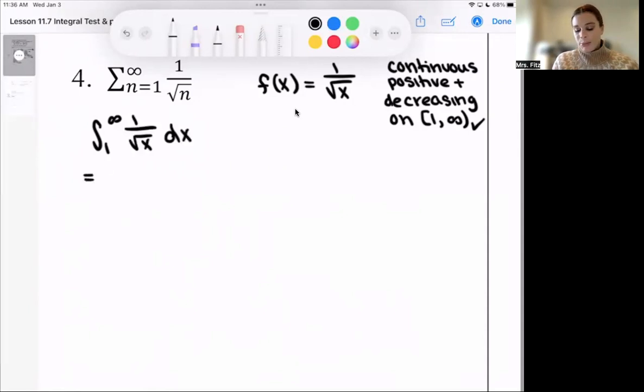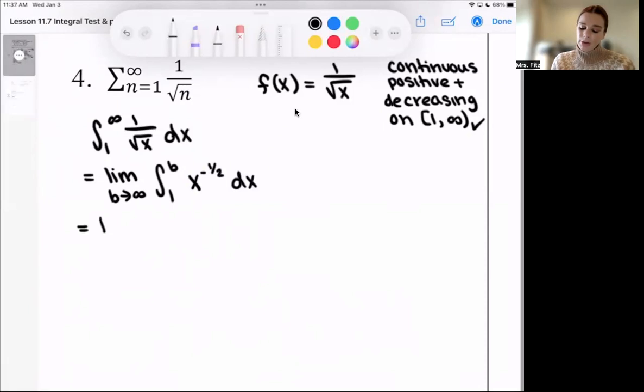All right, I'm going to do a couple rewriting things here. We're going to do the limit as b approaches infinity of the integral from 1 to b. I'm also going to rewrite this as x to the -1/2 dx, just to make it a little easier to integrate. So we have the limit as b approaches infinity of, now we have x to the -1/2, so we end up with adding 1 to -1/2 is a half.